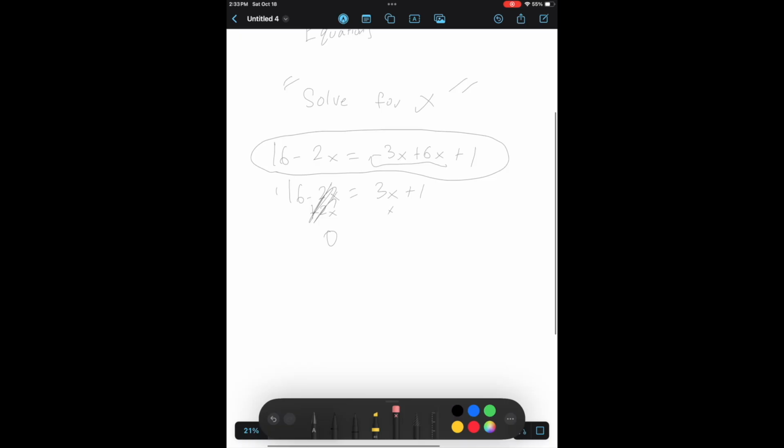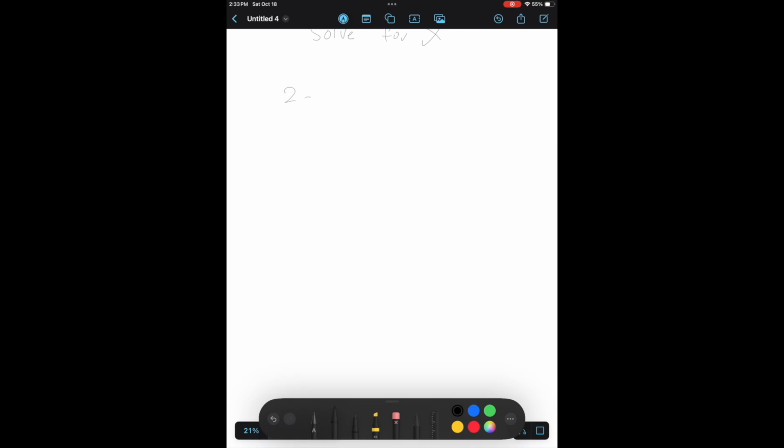I'll go over another one with you guys, and then we'll move on. Let's solve for x when this equation happens: 2 minus 16x is equal to 6 times negative 3x plus 2.